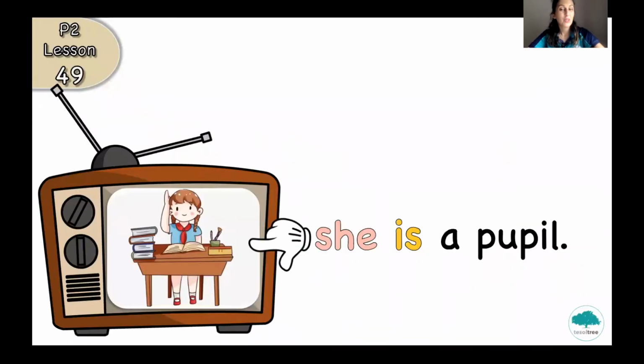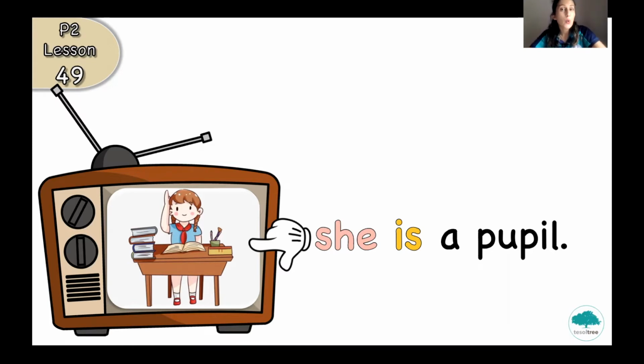Let's have a look at the picture. You can see a pupil. Do you remember how to make the sentence? She is a pupil. We use she because she is a girl.